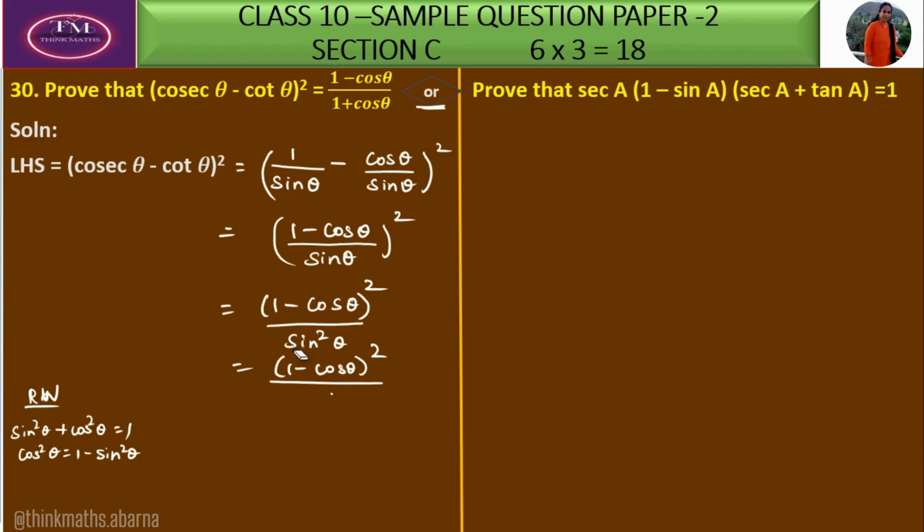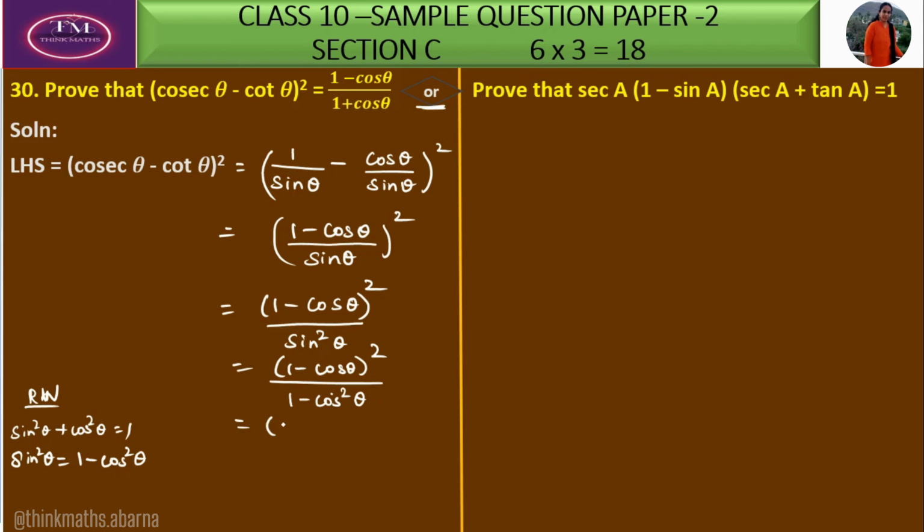As we need sin square theta, I found cos square theta. We have to find out sin square theta, so 1 plus will become minus: 1 minus cos square theta. So sin square theta is 1 minus cos square theta. So instead of sin square theta, you can write 1 minus cos square theta.